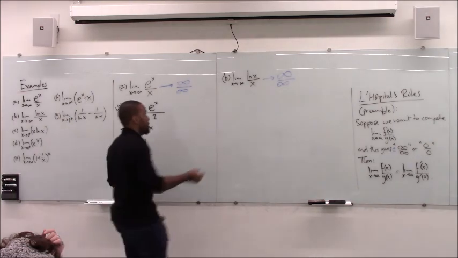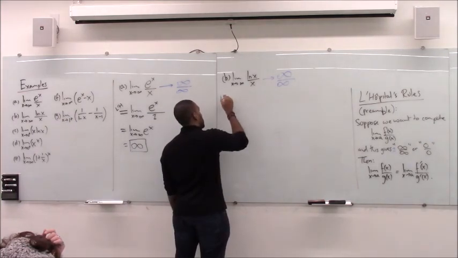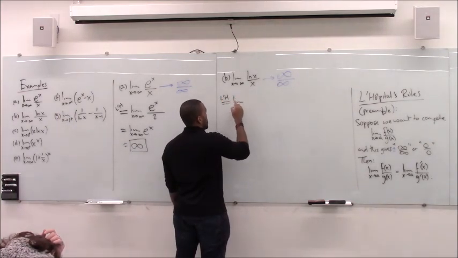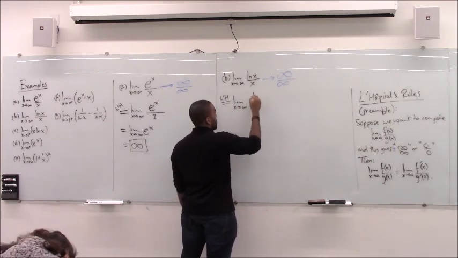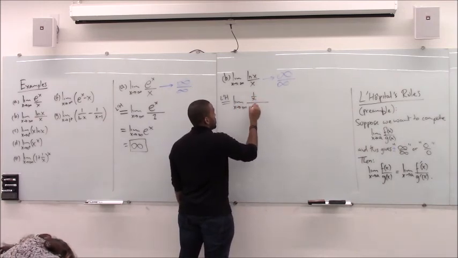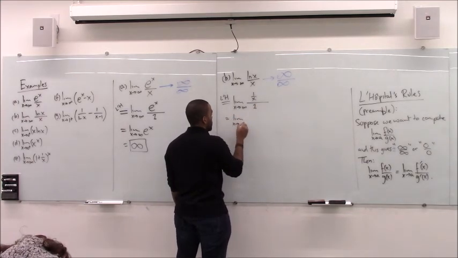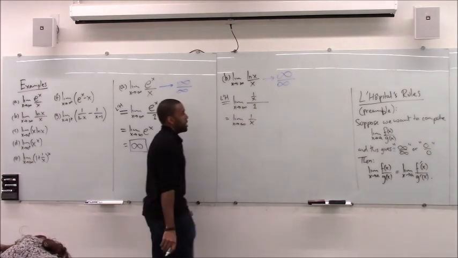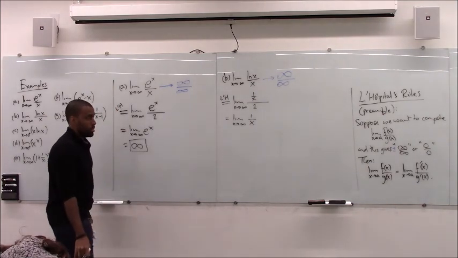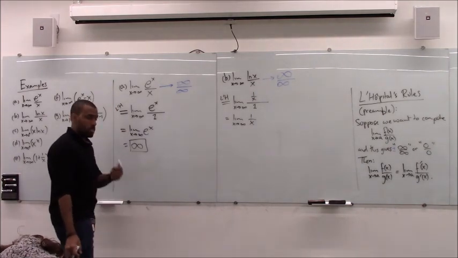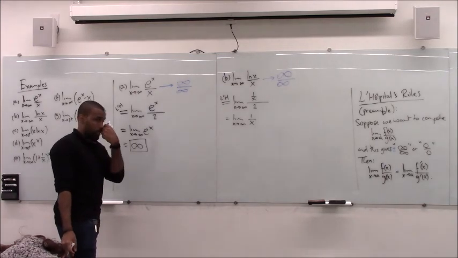L'Hopital's rule applies. So by L'Hopital's rule, I am going to differentiate the top over differentiate the bottom. Now, this limit, if it exists, will give me the same answer as the original limit. And that limit, what is that? The limit of 1 over x as x goes to infinity.